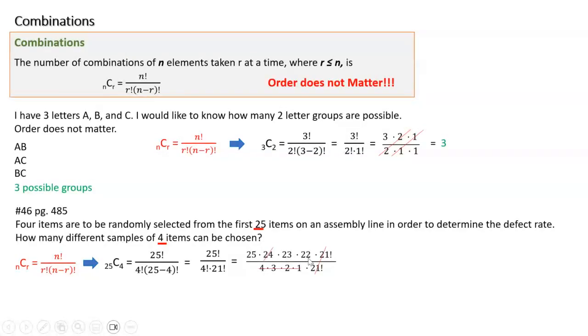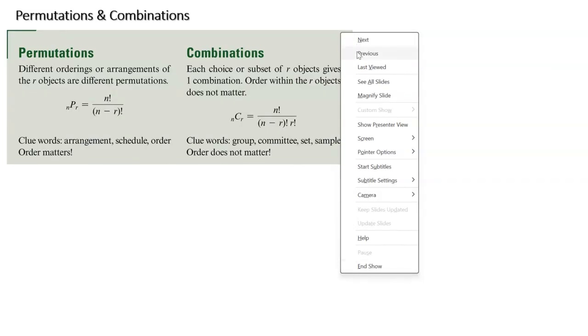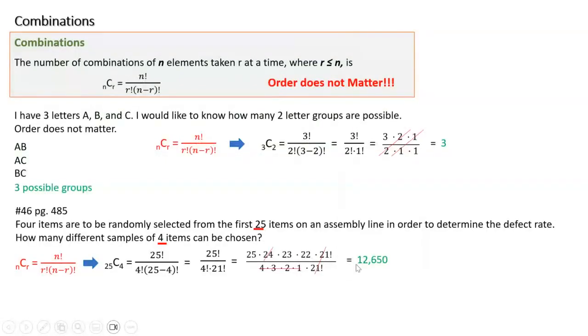So we're left with 25 times 23 times 22. The answer will be 12,650. So there's 12,650 ways that the samples can be chosen. Okay.